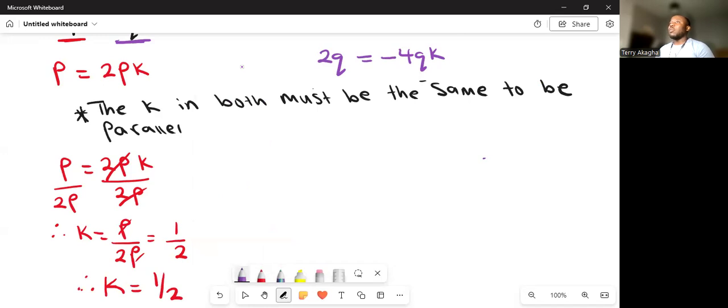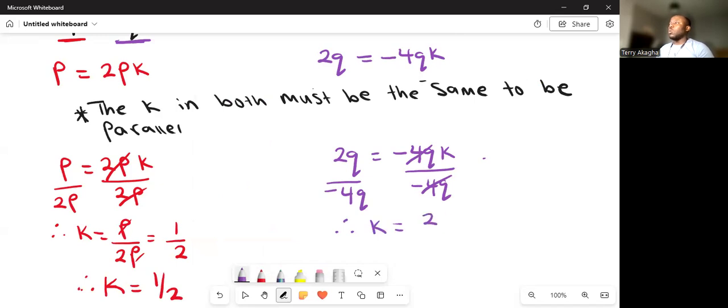Now let us see if we're going to have the same K in the next one. So we have 2Q is equal to minus 4QK. Divide both sides by minus 4Q. This will cancel this. So therefore, we now have K equal to 2Q divided by minus 4Q.